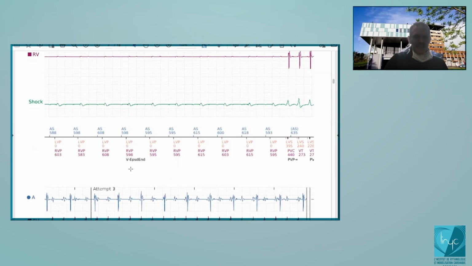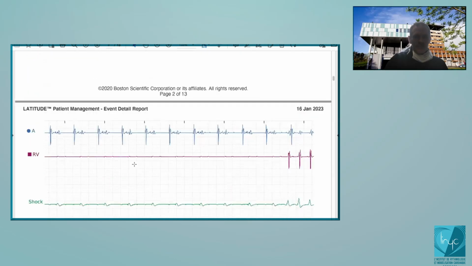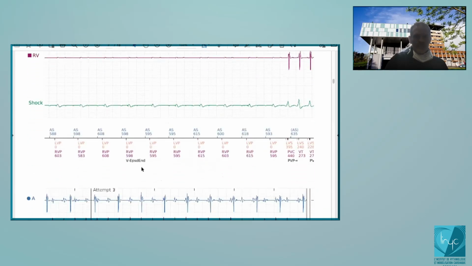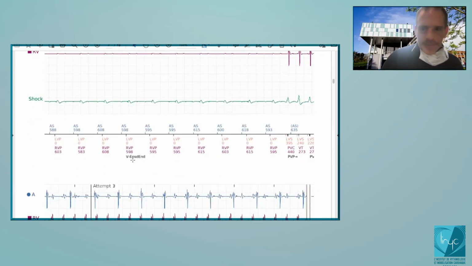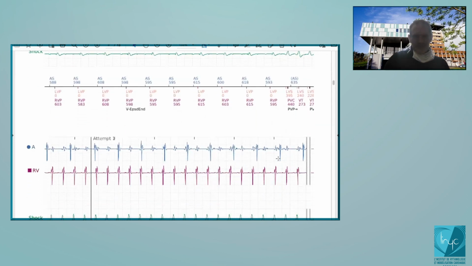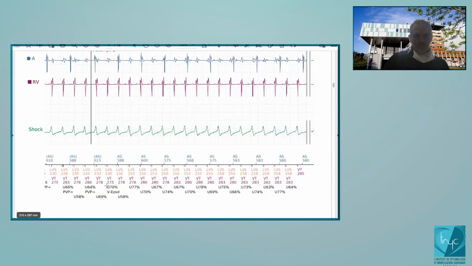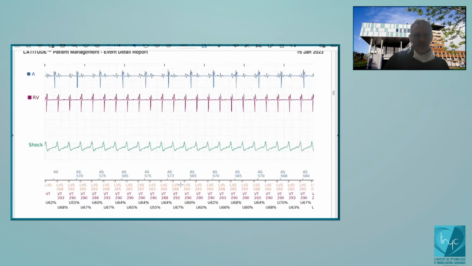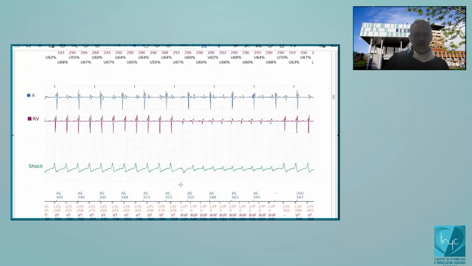And now this is the episode end, you see? So there was a previous episode, and after 10 seconds without 8 out of 10, this is the end of the episode. And then onset of the new arrhythmia. See, that's a clear ventricular tachycardia. So therapy will be delivered after the initial duration.